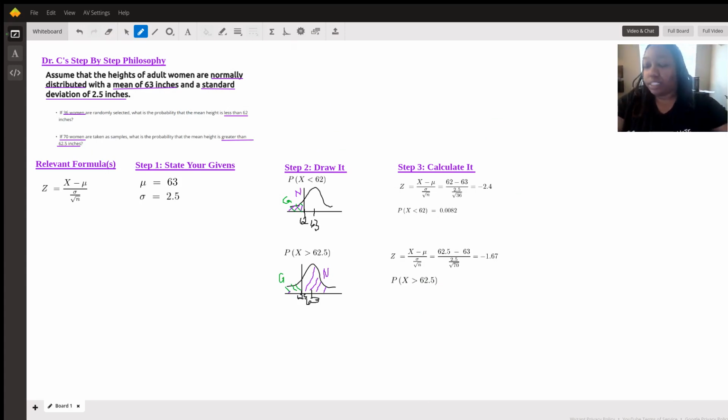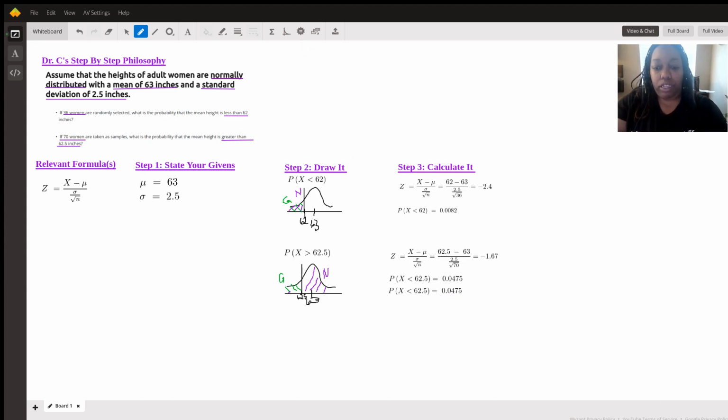We did say that we're going to have to subtract it from 1, because this is not what we are looking for. This is the area that's lower than, and that's just not what we need. So in order to get the other way, we're going to have to subtract.